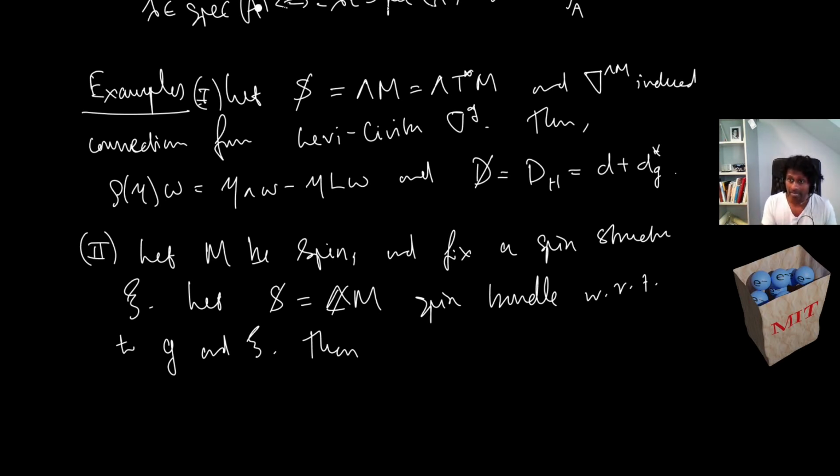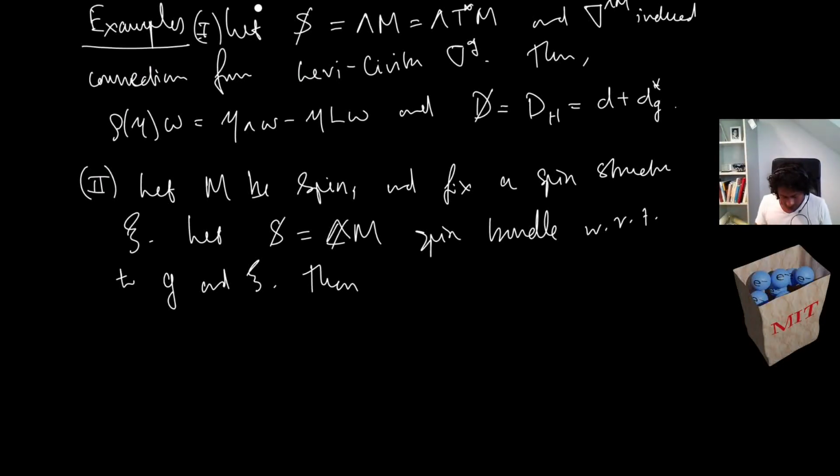So the spin structure descends, so you have a two covering map from Spin(n) to SO(n), and so there's both the geometric data and the topological data that determines the spin bundle. This can be looked up if you're interested, but the take-home message is that we have a vector bundle that is determined by a given spin structure, which lives in the topology, and a metric, which is the geometric information.